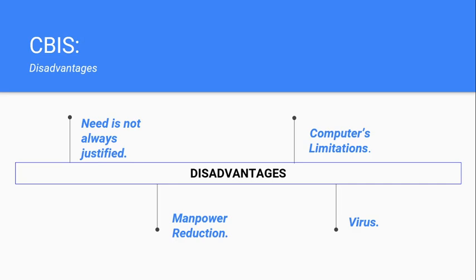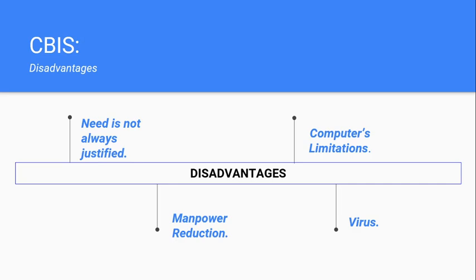Apart from this, some parts of the computer may get damaged or worn out. So these are certain areas. And lastly, as we have the network component under CBIS, there is a risk of malicious program code, that is, a virus, which can wash out all the information stored in the computer.